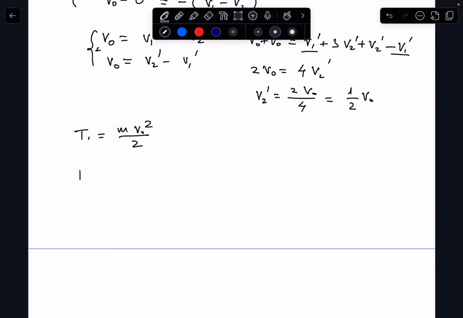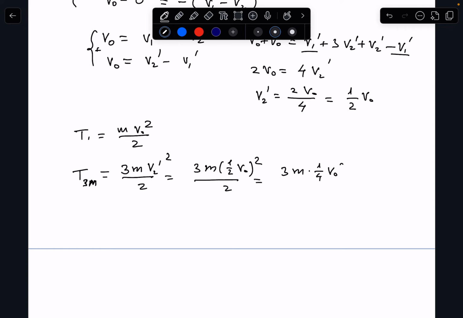And the kinetic energy of the 3m block is 3m v2 prime squared over 2, then 3m times (1 over 2 v0) squared over 2. We will have 3m 1 over 4 v0 squared over 2, or we can write 3 over 4 in front of them, and then m v0 squared over 2.